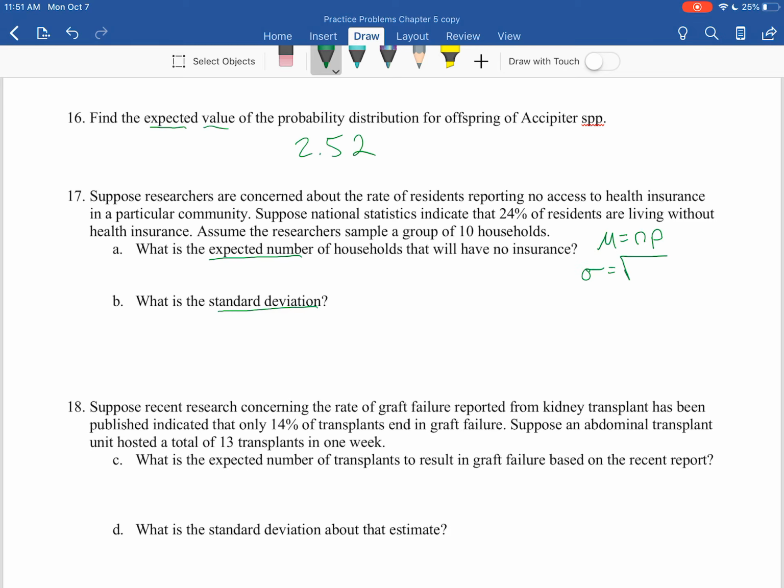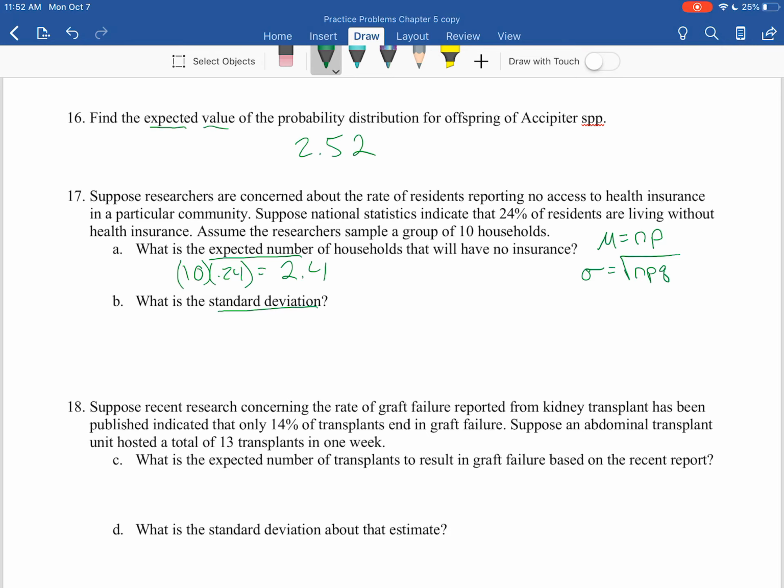So when we write out what is the expected value here after reading on it, your n value is 10, and then your probability is 0.24. So average number, expected number of houses to see is 2.4. Do the same thing for standard deviation here. We're going to take our n times p times q, and take the square root.